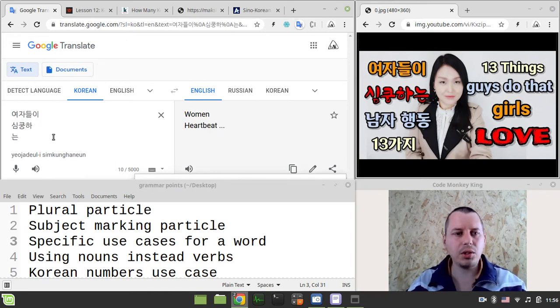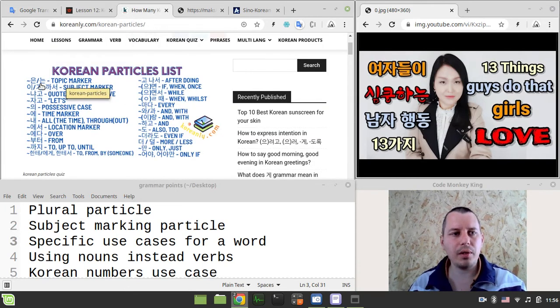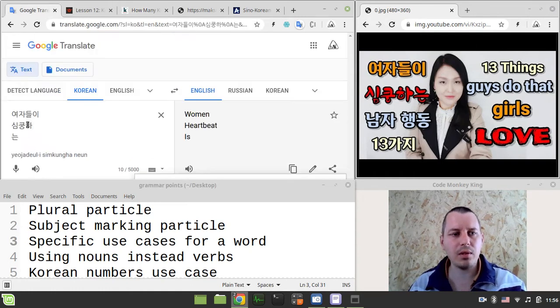So again, if we take the particle away, we have the noun heartbeat. And just to reference the particles, we have this 는 topic marking particle. Bear in mind that the last letter is a vowel, so we use 는, not 은.